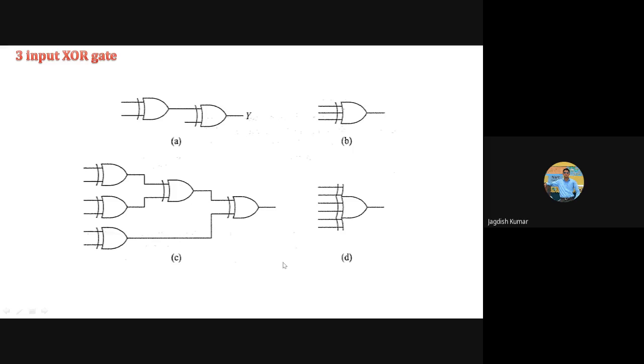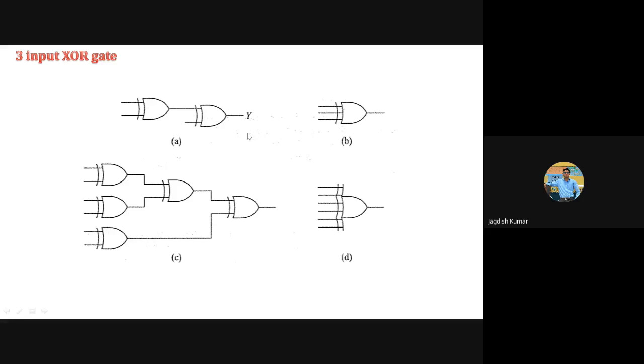Similarly, this represents a six input exclusive OR gate. 1, 2, 3, 4, 5, 6. How these are connected, notice this. And then you can realize how we can design any. So this part up to here is representing a four input exclusive OR gate. And then you use another one and then put in this exclusive OR gate.